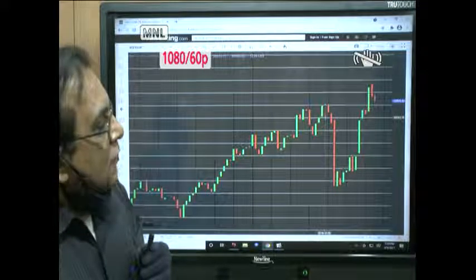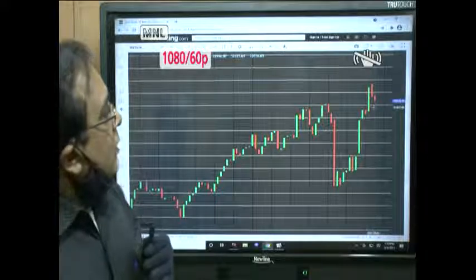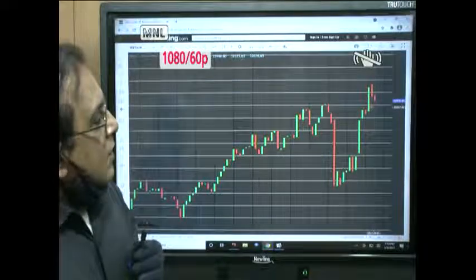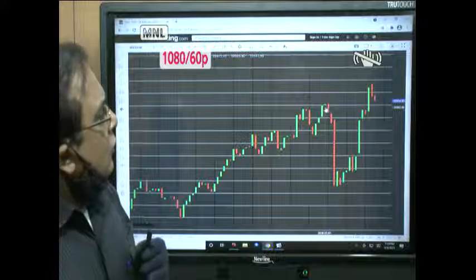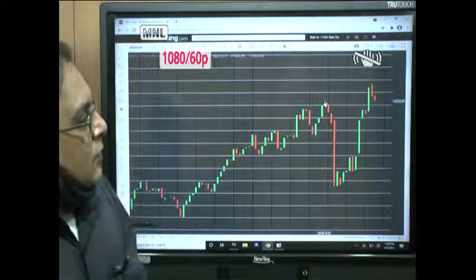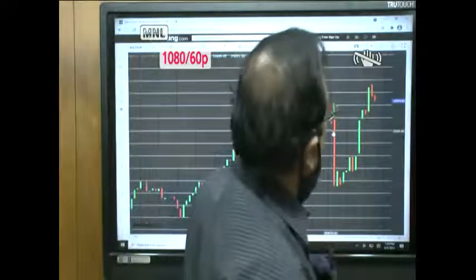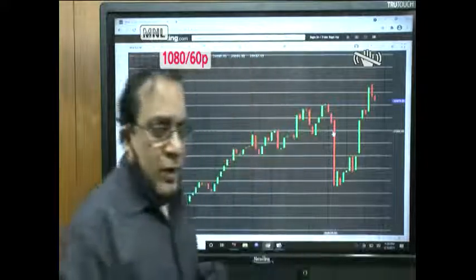So now it is only exactly at that place, 32,600. It is even 32,335, and so it came very close to the same place. So this area is likely to be breached. So this is an important support level, and if this is breached, then probably we can expect a little more pullback to take place in the market.